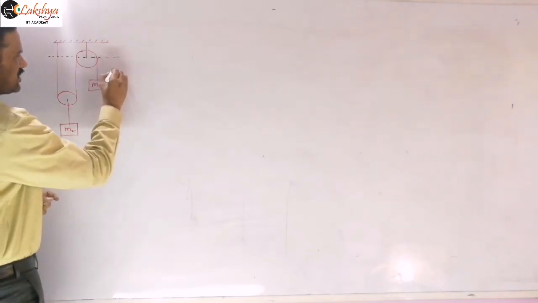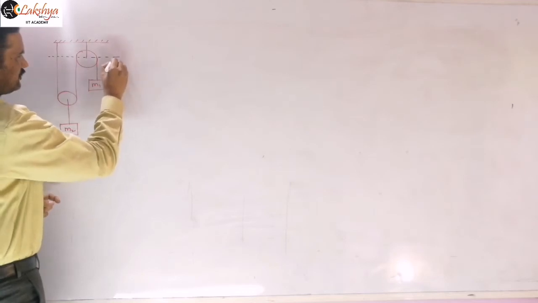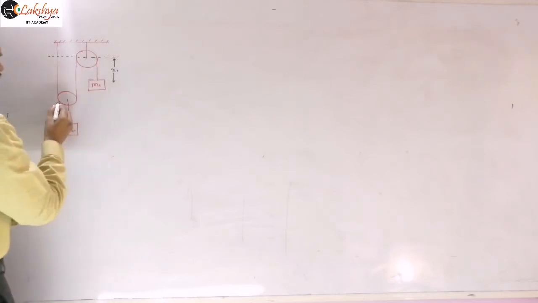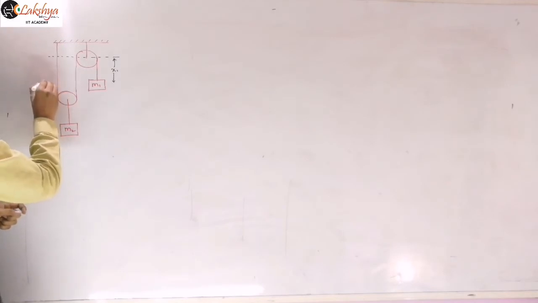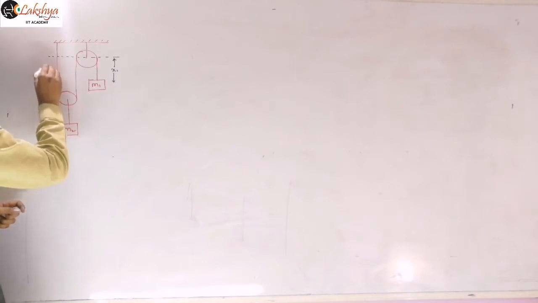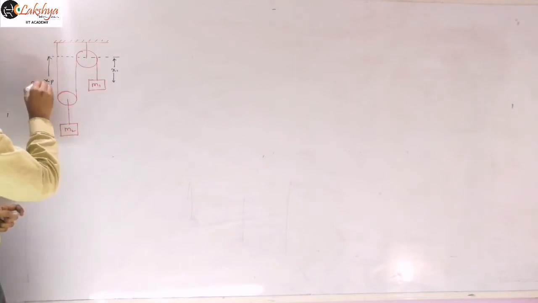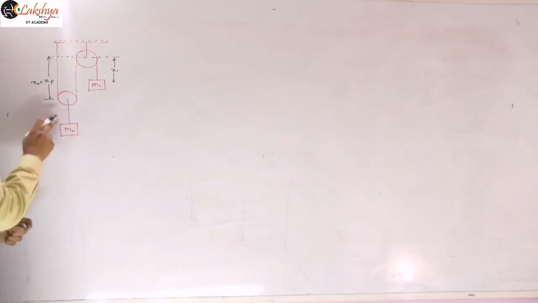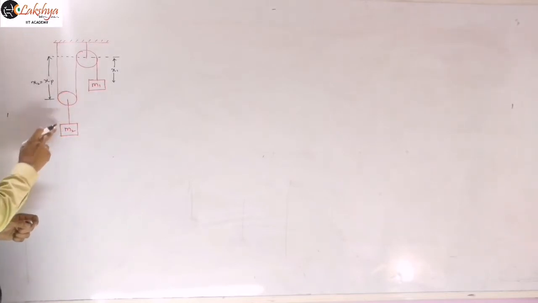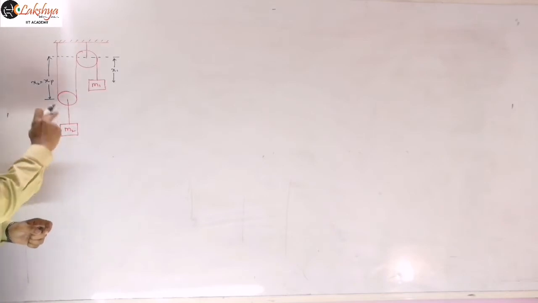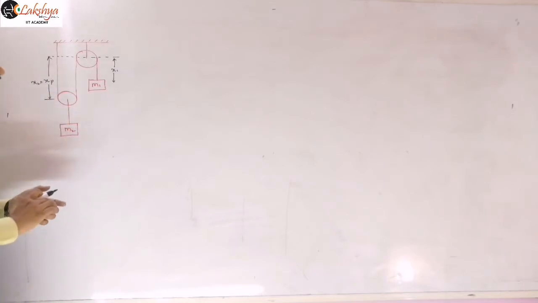Suppose I consider this as x1, and this you may consider as x2, or as the distance of the pulley, xp, because this length is a constant value. So whatever acceleration that pulley possesses, the same acceleration will be there for this block also. Both are connected by a fixed length here, right?